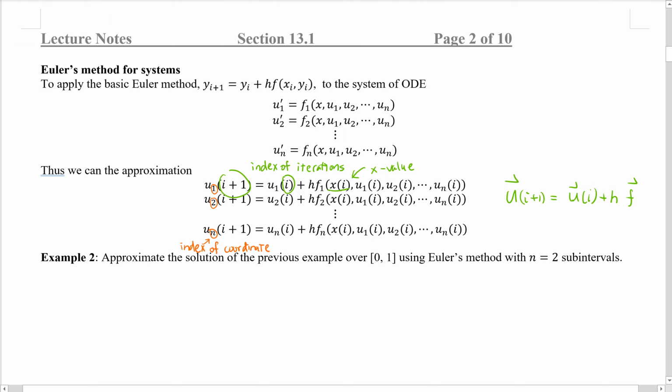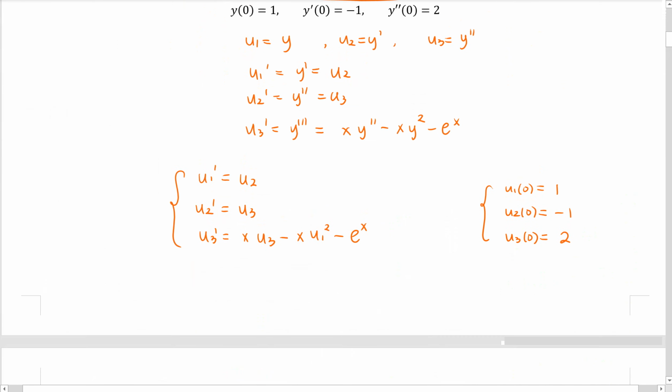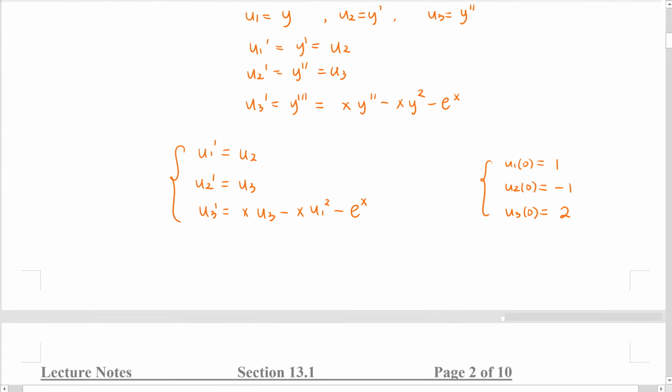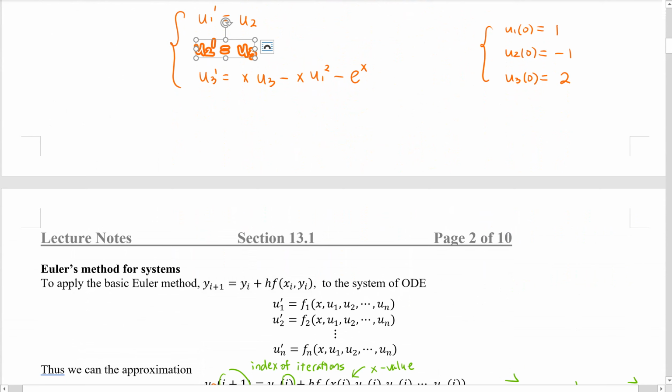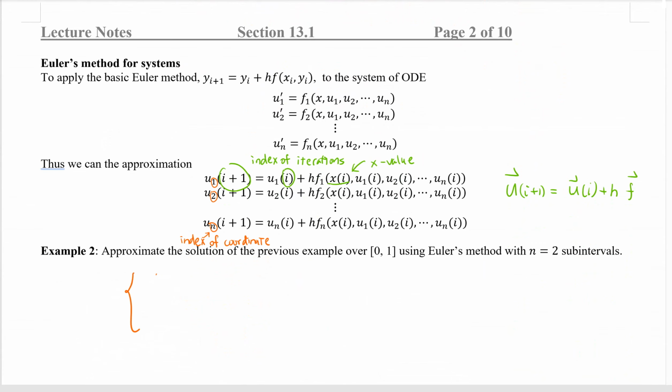Okay, so let's copy down what we had before. So this is the system. u1 prime equals u2, u2 prime is u3, u3 prime equals x u3 minus u1 squared minus e to the x.